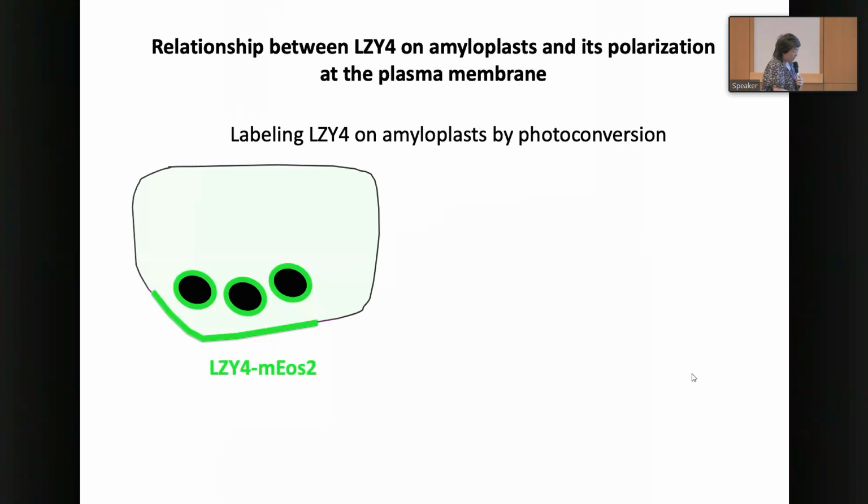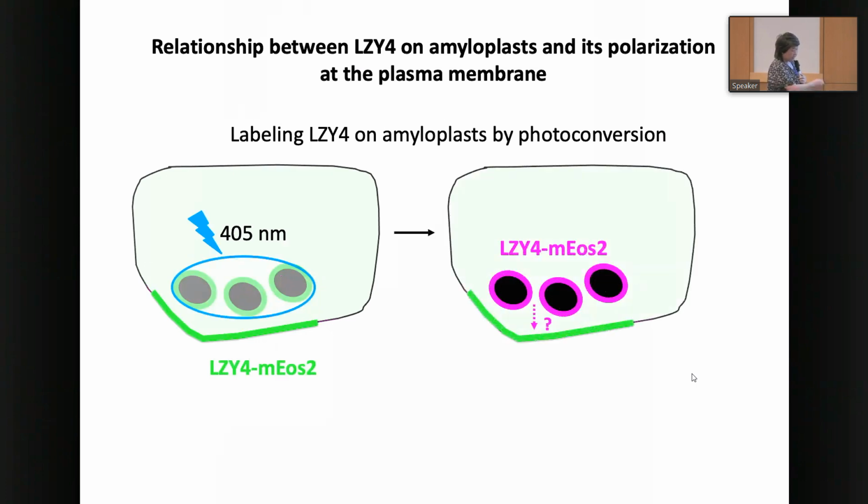Next, we examined the relationship between LZY4 on the amyloplast and its polarization at the plasma membrane. We used a photoconvertible fluorescent protein, mEos2, and photoconversion of LZY4 on the amyloplast was carried out by irradiation with a 405 nanometer laser. Then the behavior of the photoconverted LZY4, the red signal, was chased.